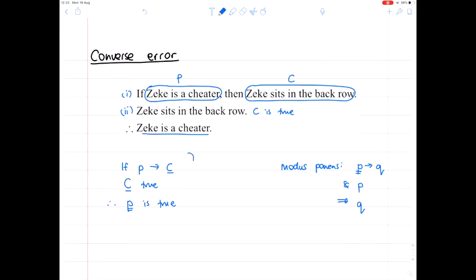So this is false. Because this would be implying that P implies Q is equivalent to Q implies P, but we've already looked at the truth tables and know that this is not the case. And these are quite subtle, because it can sound so much like modus ponens. But if you write it out logically, then you can see where the error is.